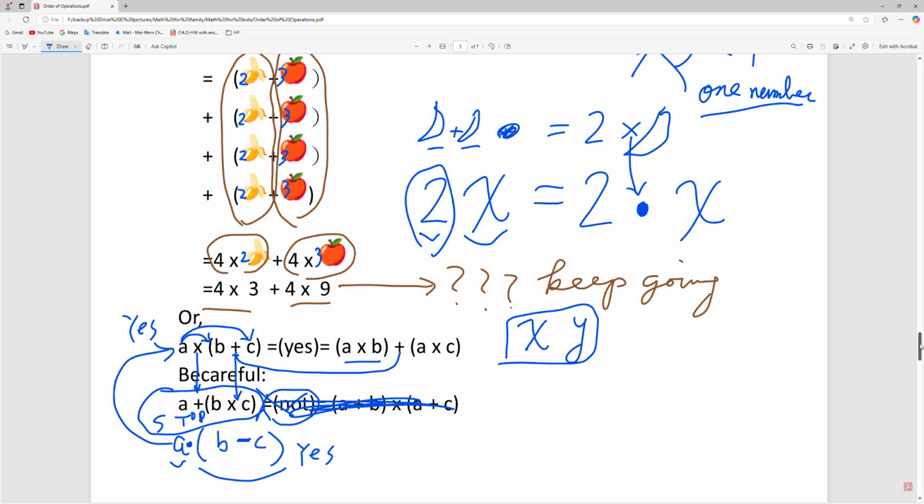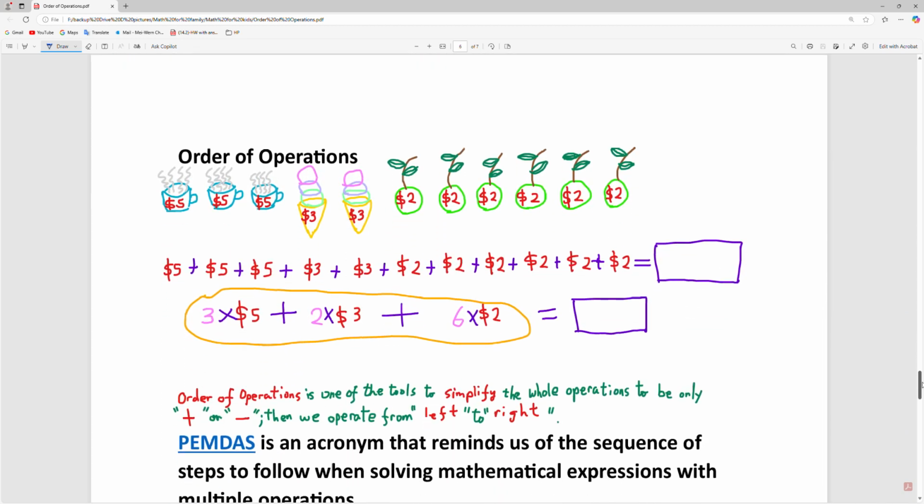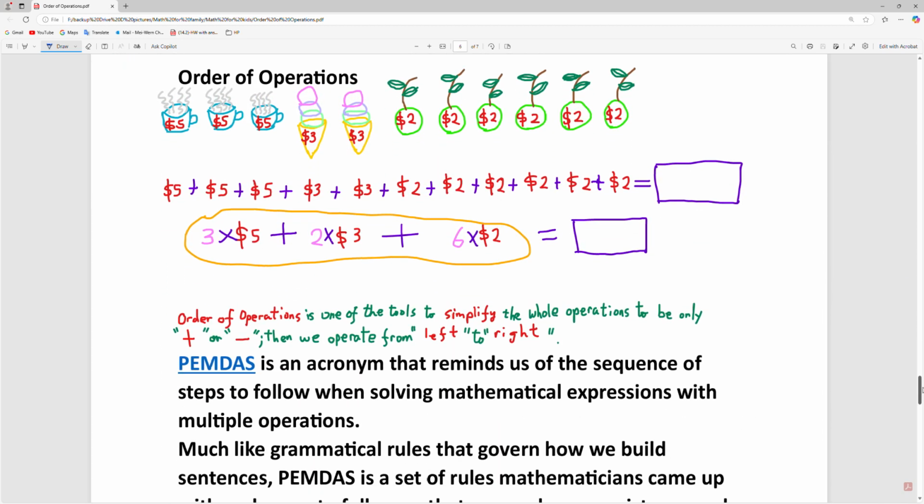Okay, now next, finally, we can go to order of operations. So I assume you already studied all the concepts and all the properties I showed you. And then let's go to the purchasing. And we try to calculate. So let me choose the right color. Which color is better?